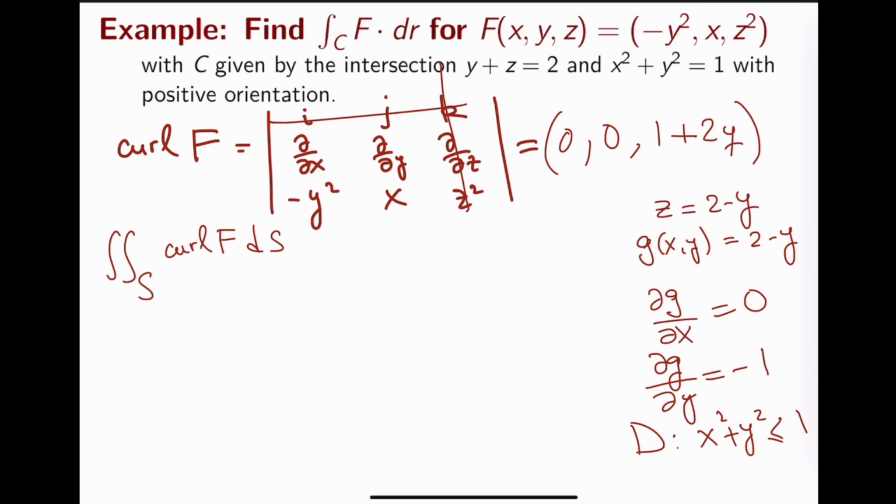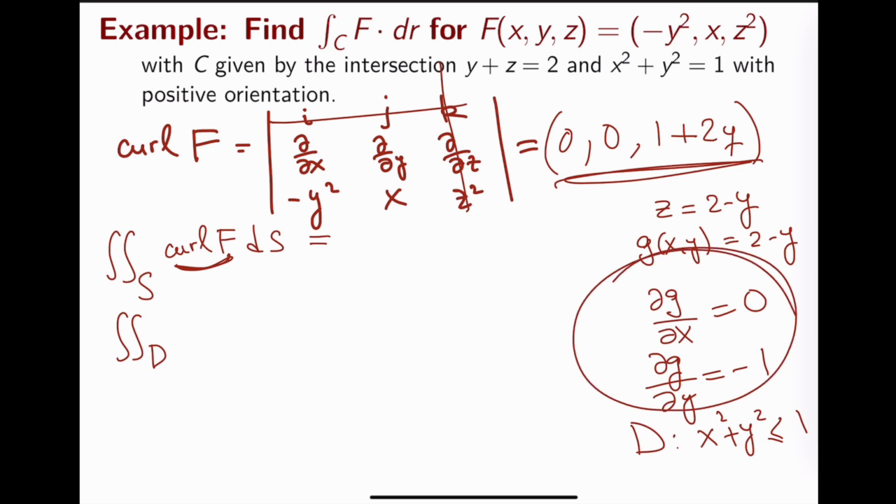Okay, so having all this data, we will calculate the surface integral with the formula that we already know. So that will be the integral over the domain, and here we are going to write the components of this vector that are these ones, and we are also going to use the partial derivatives.